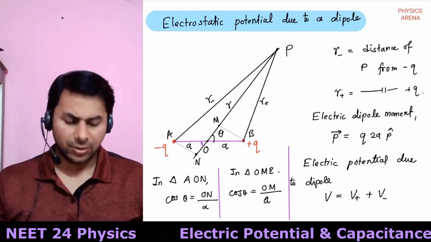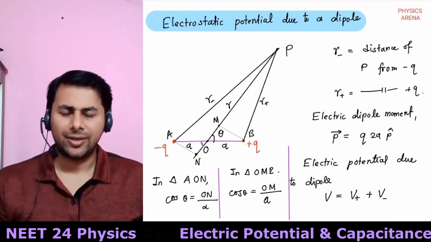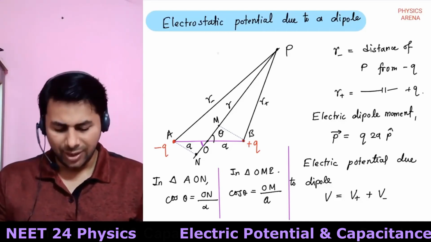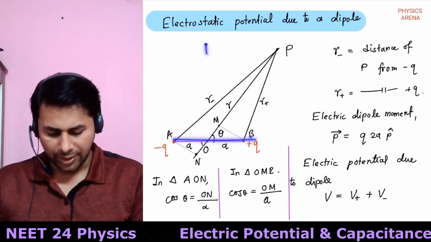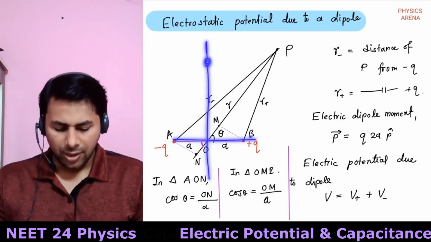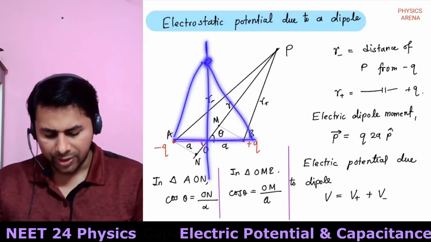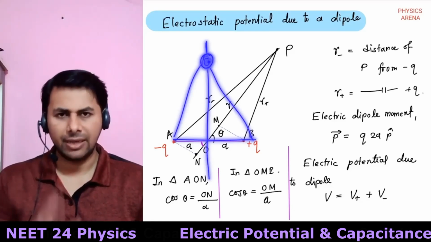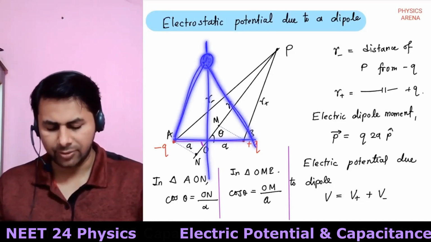Okay. So now, we don't even need to do this procedure and remember the formula. Suppose you have a dipole and you have any point on the equator. This is the point. So potential due to minus q and plus q will be the same in magnitude, because the point is at the same distance from minus q and plus q.